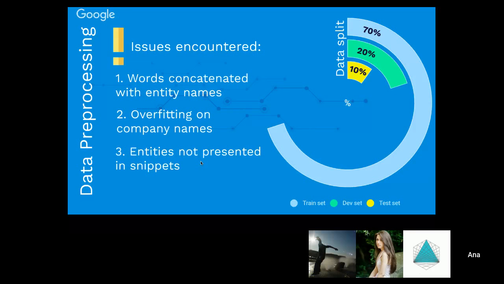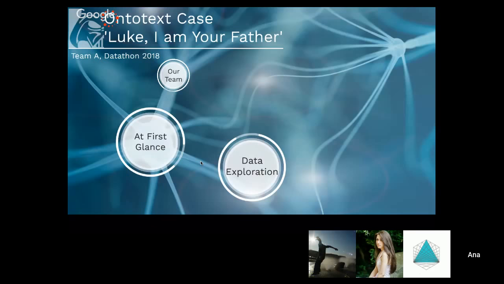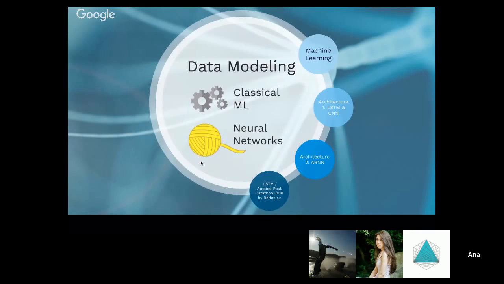So now you know the basic things that we did to our data. Let's move on to the fun stuff, to the modeling itself. What you see here are two main things. Firstly, classical machine learning, and secondly, neural networks. When it comes to neural networks, we had two different approaches and two different logics as to what goes into the neural networks and respectively what comes out.